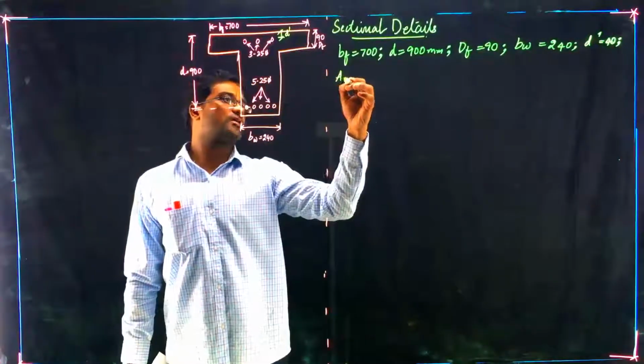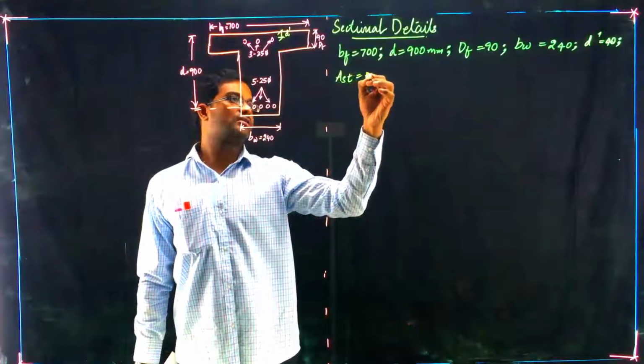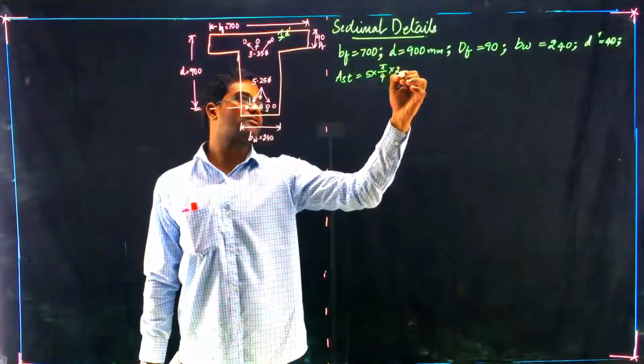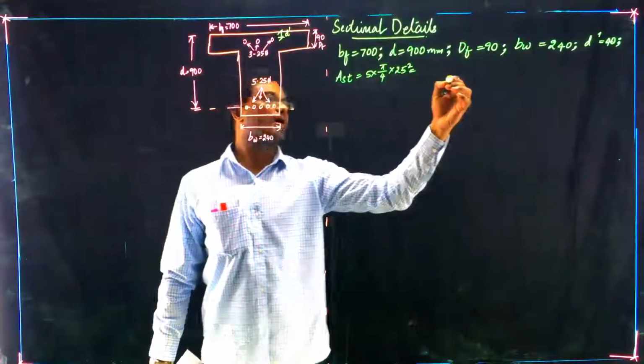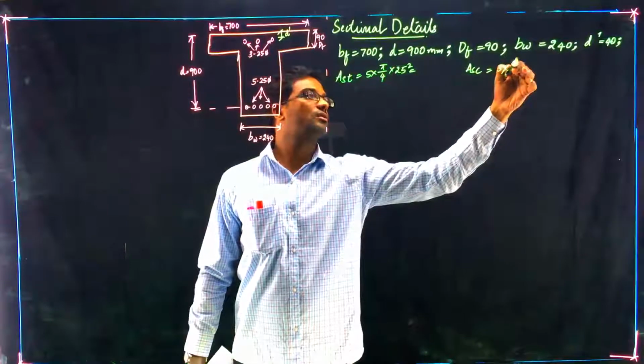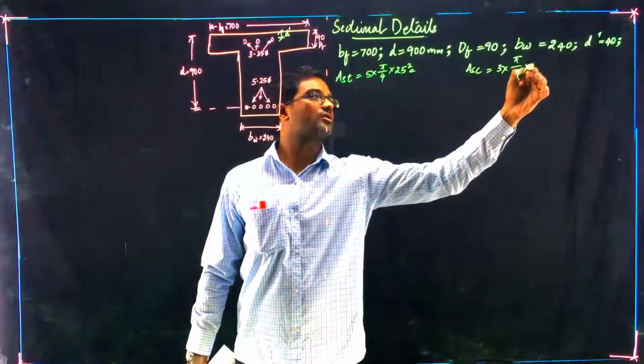And AST, that is 5 into pi by 4 into 25 squared, and ASC, that is 3 into pi by 4 into 25 squared.